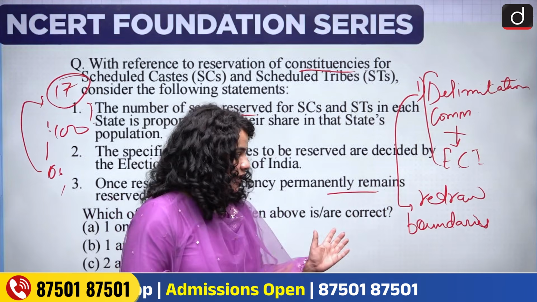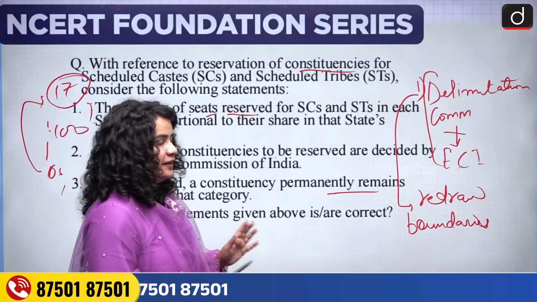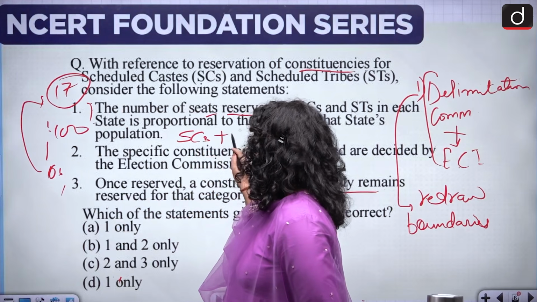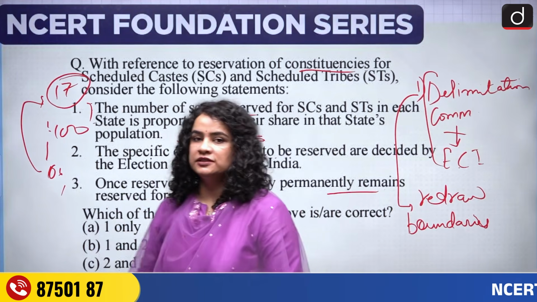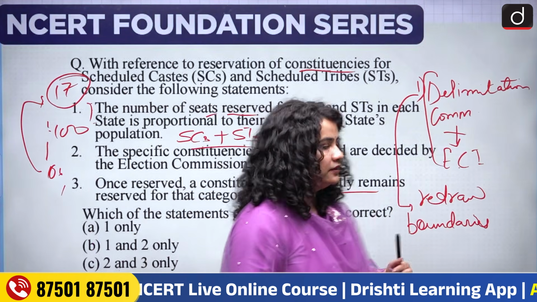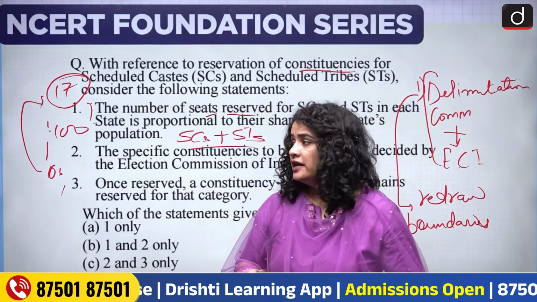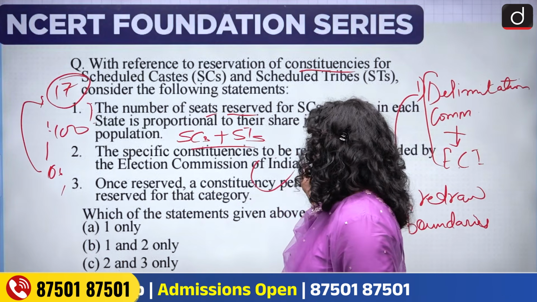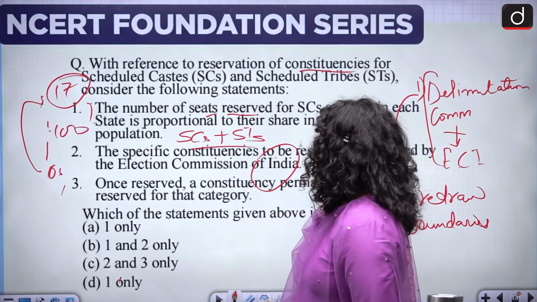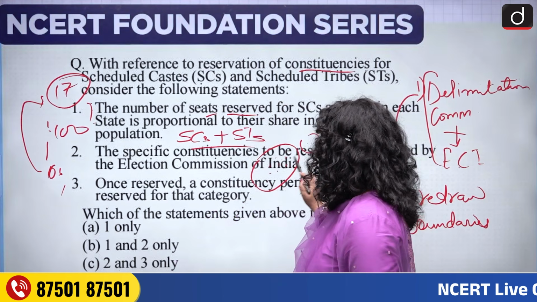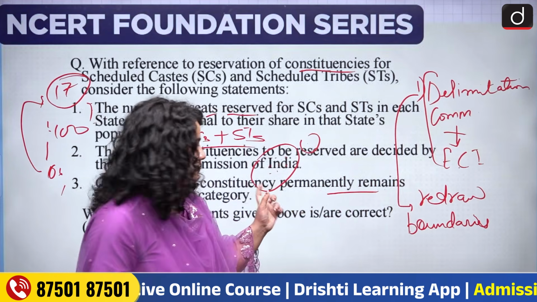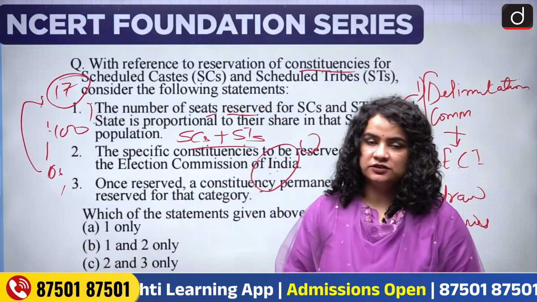Now, like I discussed before, our constitution has made provisions for the reservation of SCs and STs. While reserving constituencies for the STs, the Delimitation Commission considers the population of different constituencies, sees where the concentration of the STs is higher, and then marks that as a reserved constituency for STs.